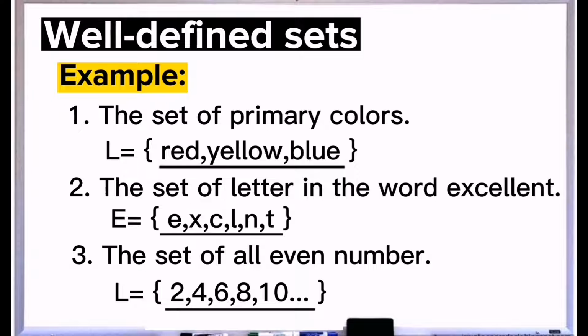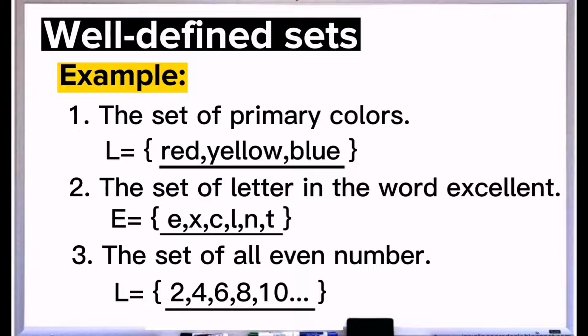We let the name of the set be E and the letters in the word excellent are E, X, C, L, N, and T. Thus, we write that set E equals the letters E, X, C, L, N, and T.